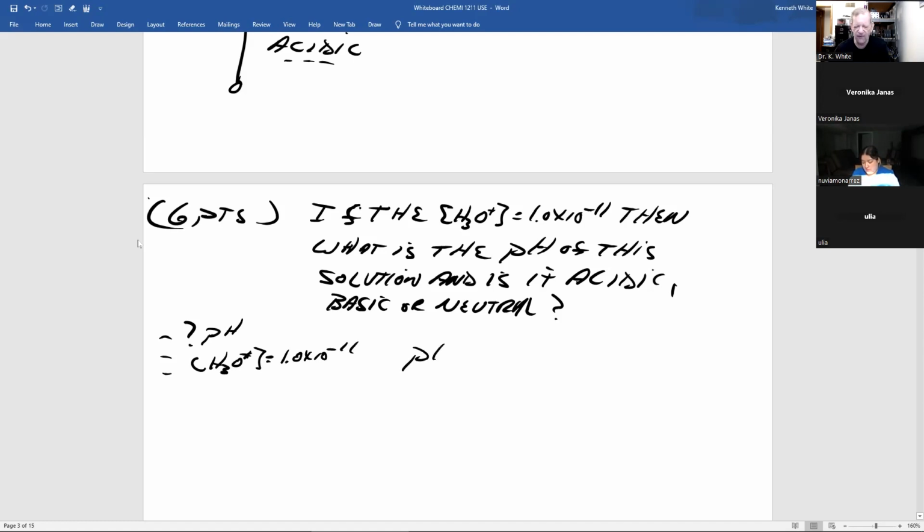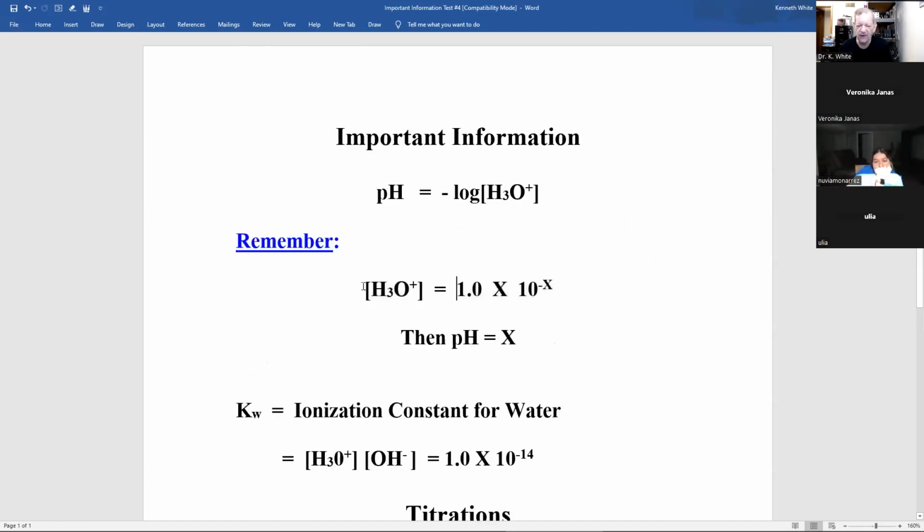And you know from important information, pH equals minus log of the hydronium ion concentration. And if you look at important information, test number 4, you see if the hydronium ion concentration is 1.0 times 10 to the minus X, then the pH is X. So I'm going to let you try and solve this.